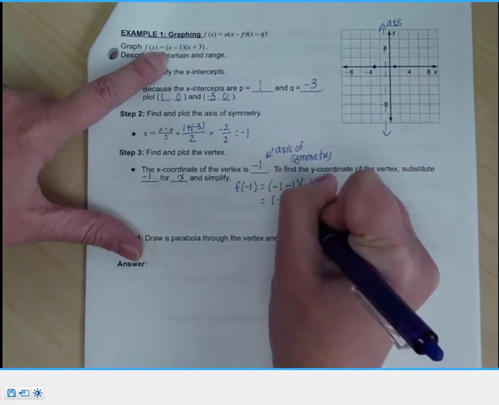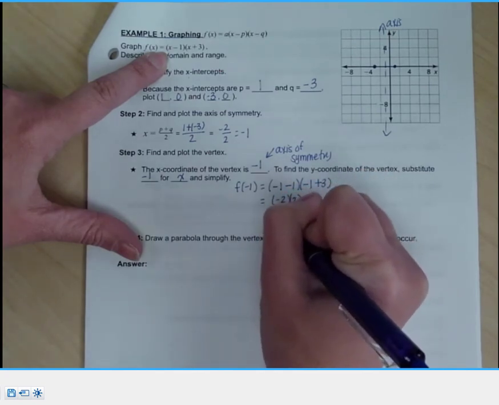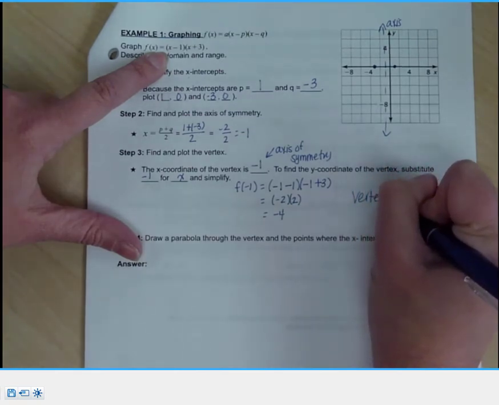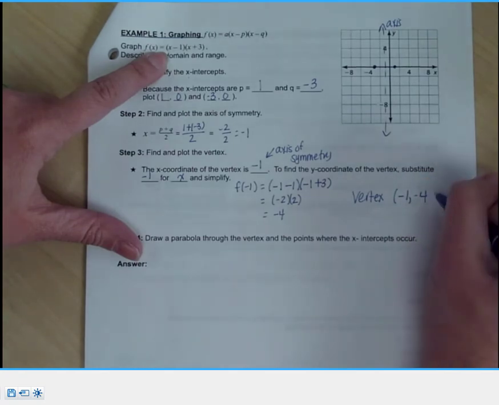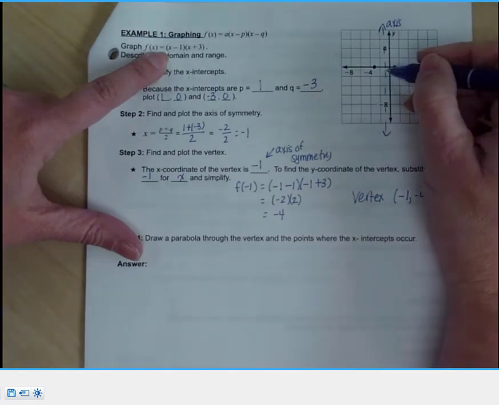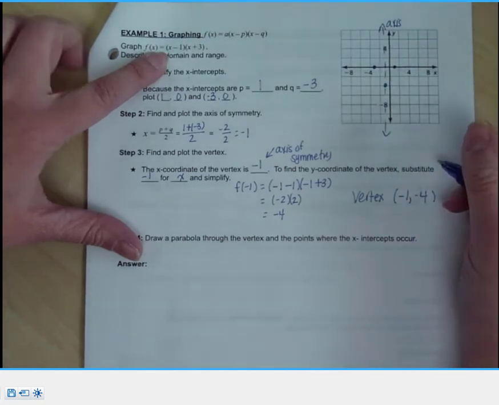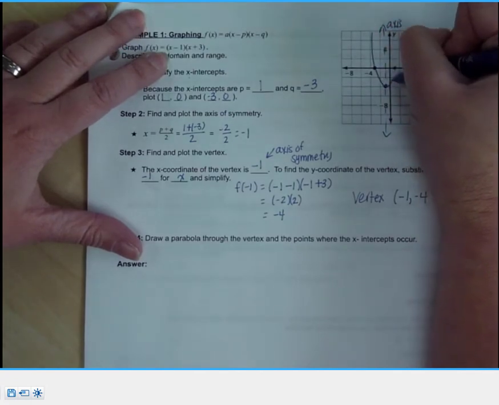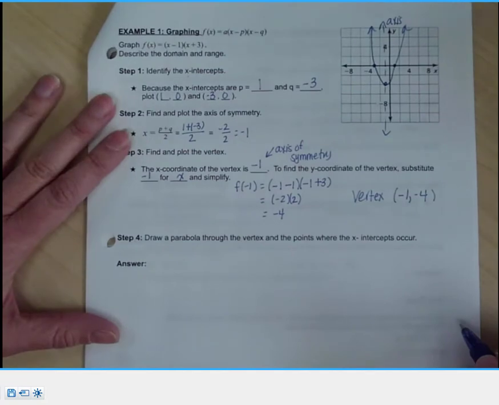So I have negative 2 times 2, which is going to give me a negative 4. So my vertex here is now negative 1, negative 4. Let's see, these go by 2s, so this is negative 4. Now I can graph this better. It should look something similar to this.